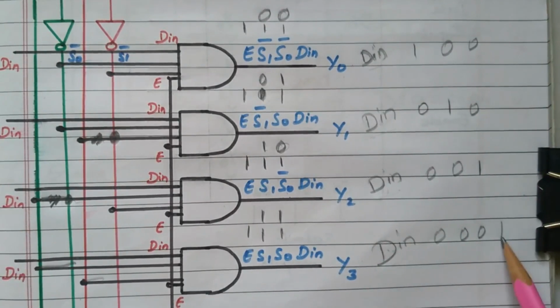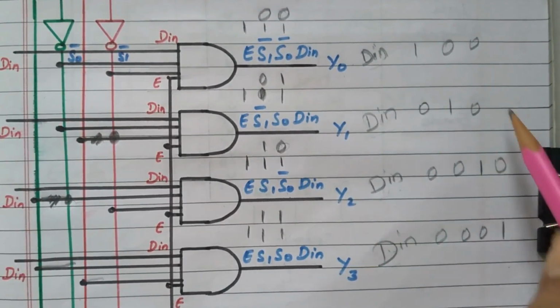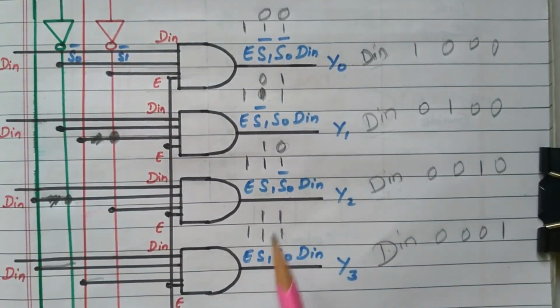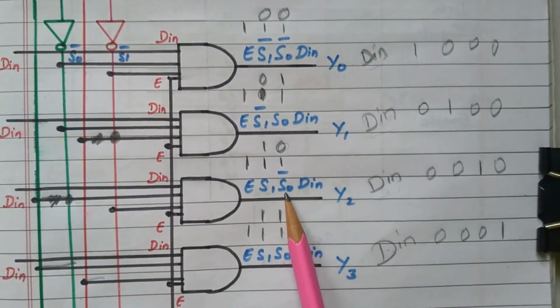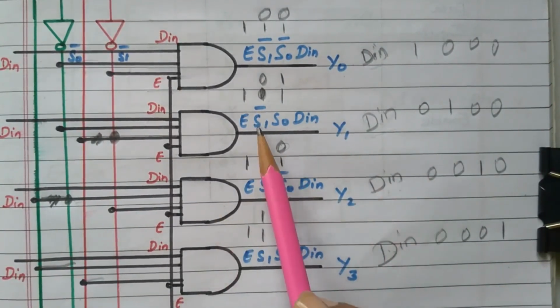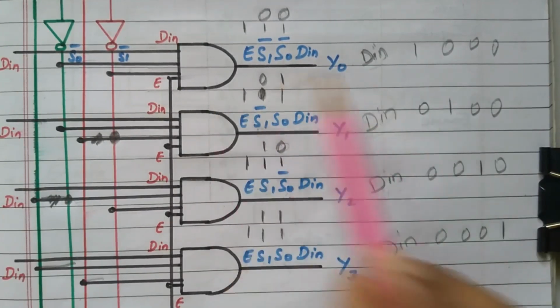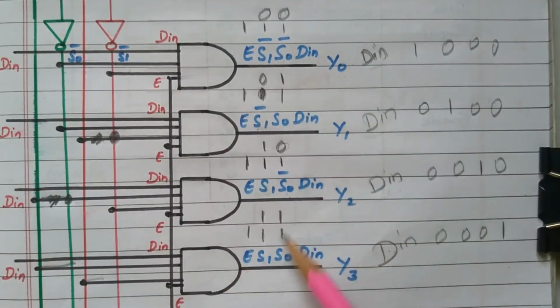For the fourth combination only this output is 1, the remaining are 0, because it is connected to S1 bar and S0 bar. When S1 and S0 are 1, S0 bar becomes 0, so the total is 0. Here S1 bar is there, so that is also 0. Based on the connection, S1 or S1 bar, automatically the remaining are 0.